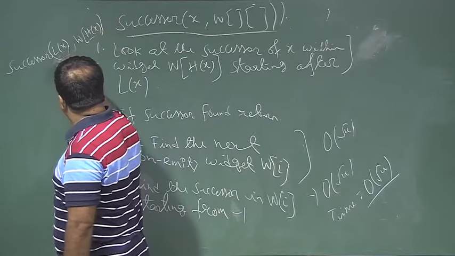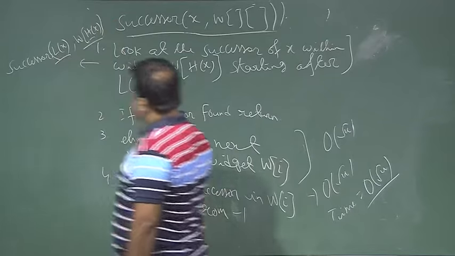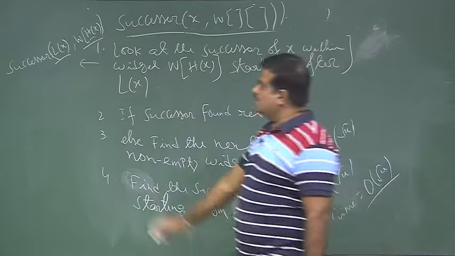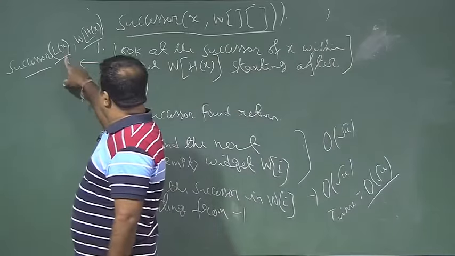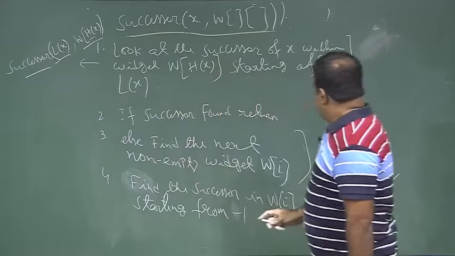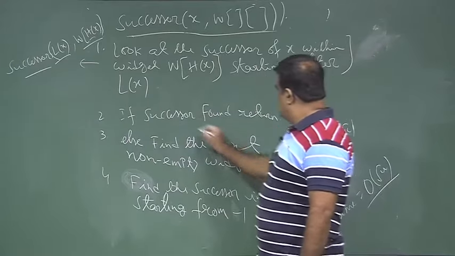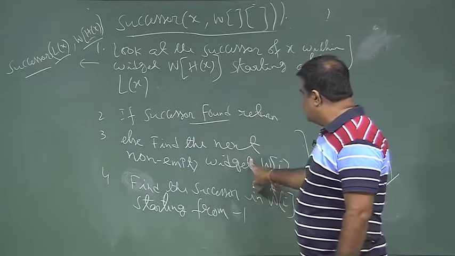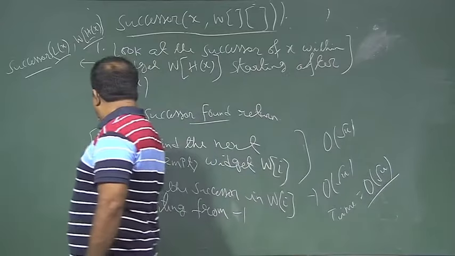So this is a successor call after low of x, in that block. Okay, and if found okay, otherwise this is also a successor call.